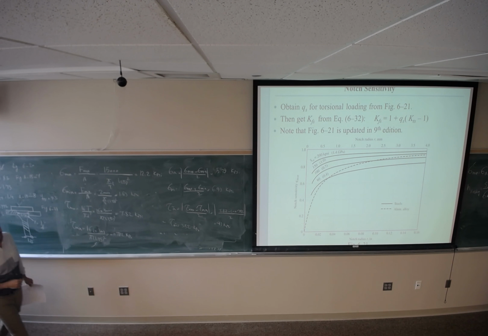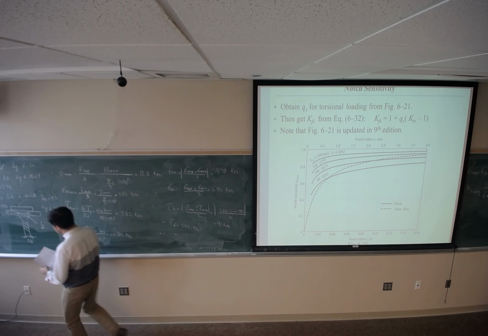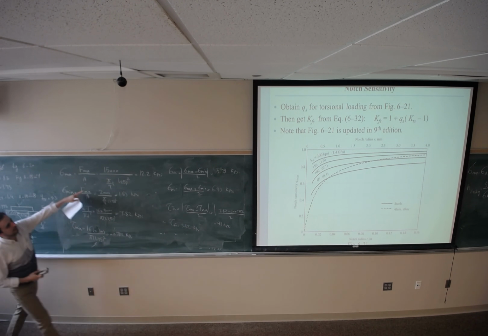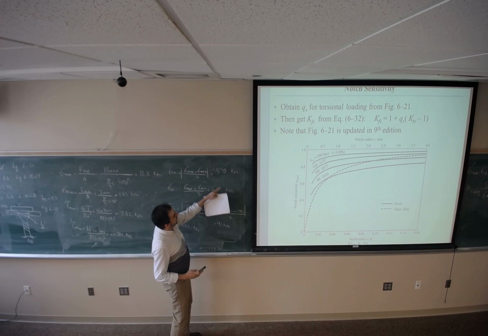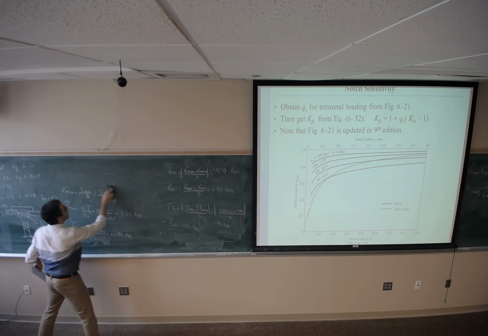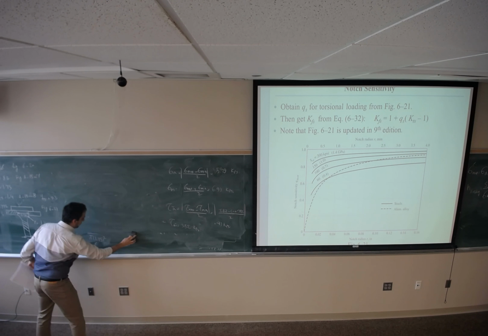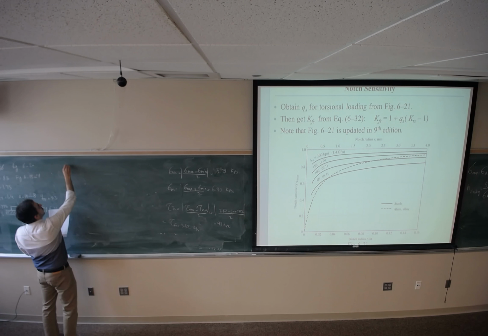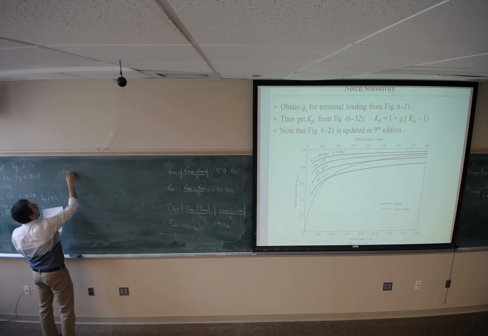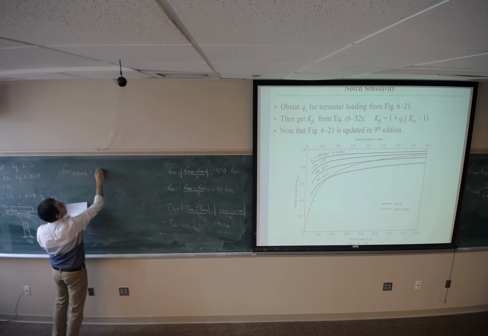Yes. So now we can find the actual values of these alternating and mid-range values, because I could find the fatigue concentration factor. So sigma a for actual is Kf times sigma a.